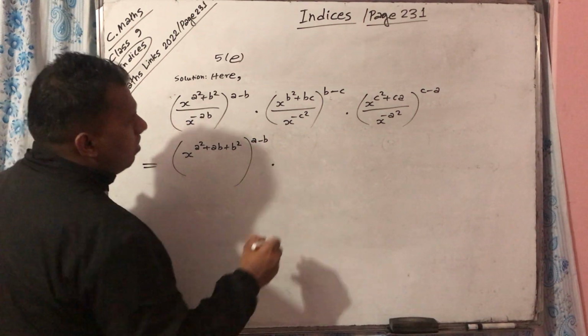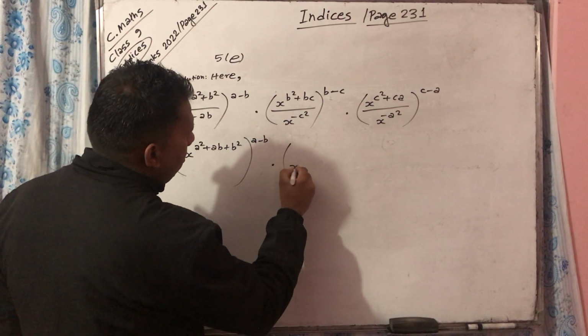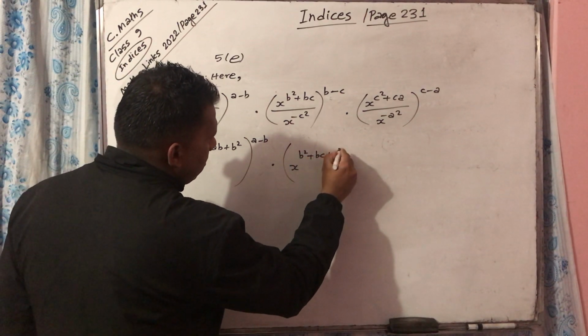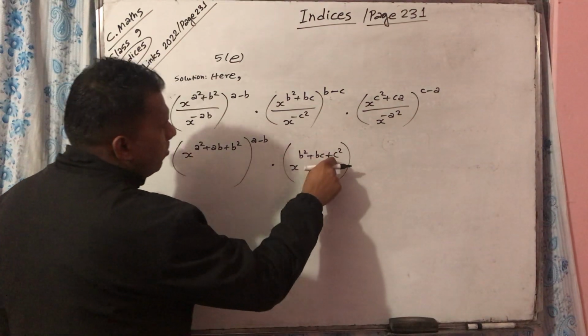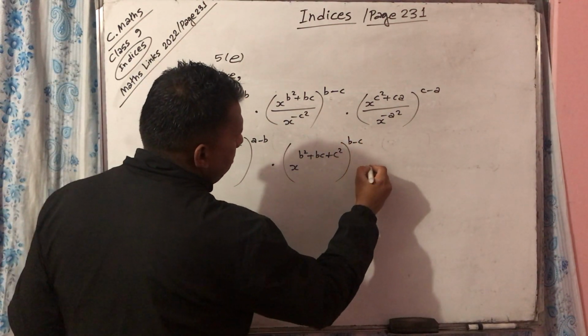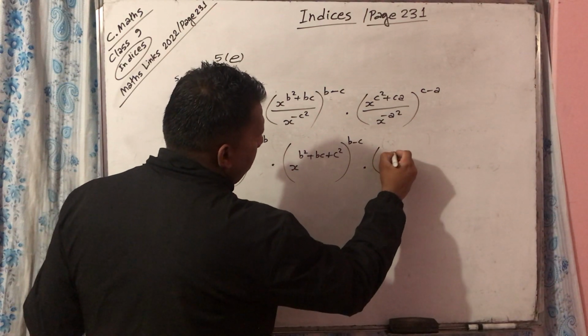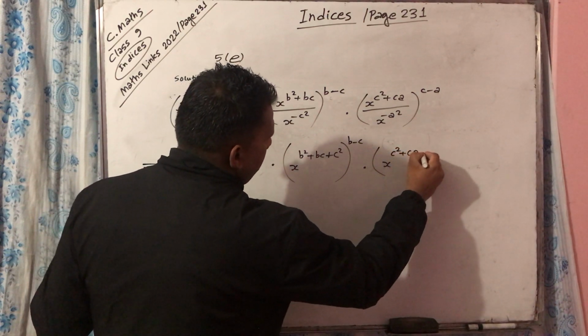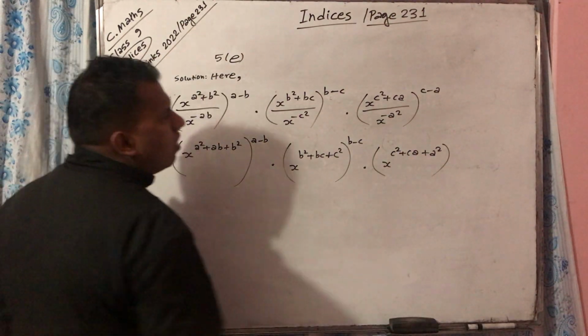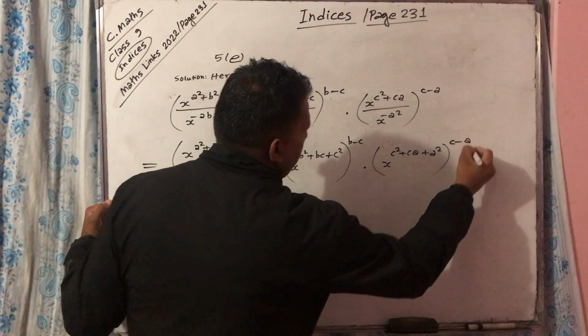In the second part, x to the power b square plus bc plus c square. Now bc becomes positive. Its whole power is b minus c. In the third, x to the power c square plus ca plus a square. This negative a square becomes positive. Its whole power is c minus a.